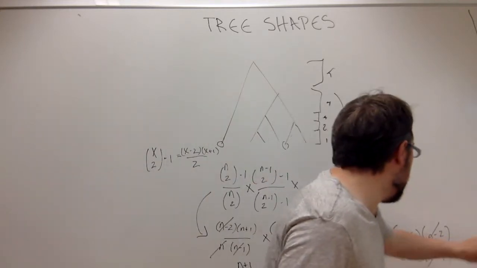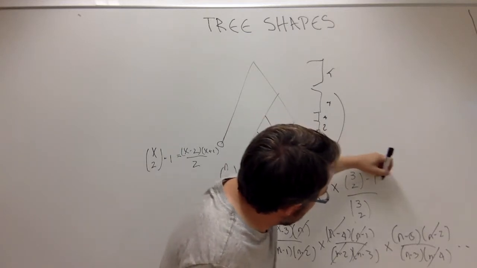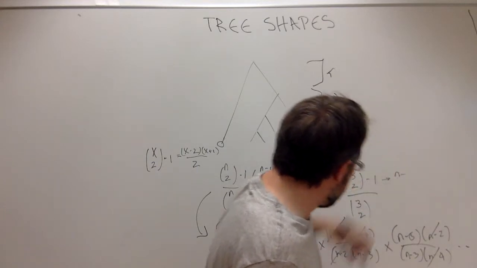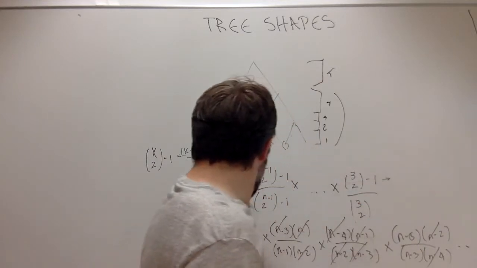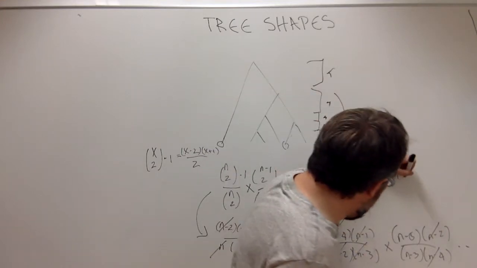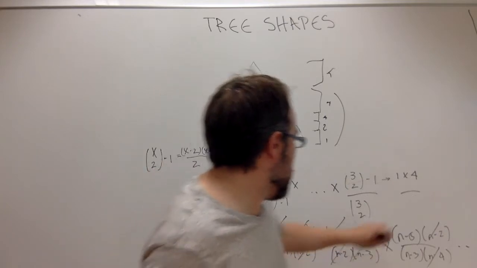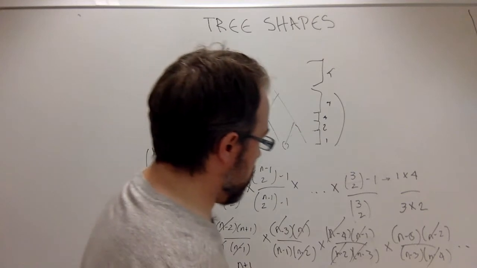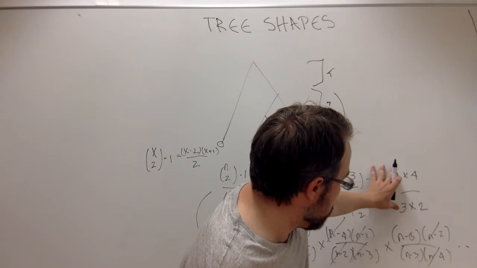And if we continue it out to the end, for 3, this last term is equal to 3 minus 2, which is 1, times 3 plus 1, which is 4, and then on the bottom we have 3 times 2. So what's not going to cancel, notice, are these left two.